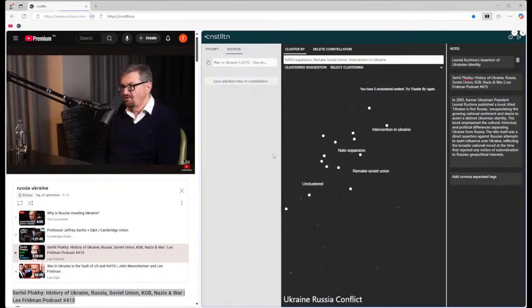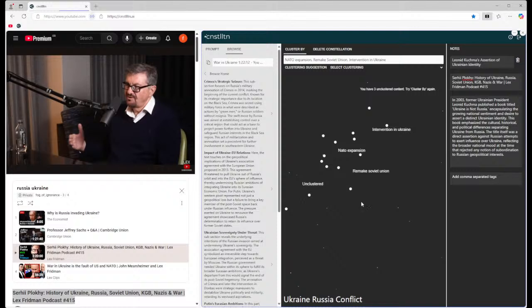But if you look at that geopolitically, the association agreement is putting Ukraine outside of the Russian sphere of influence.